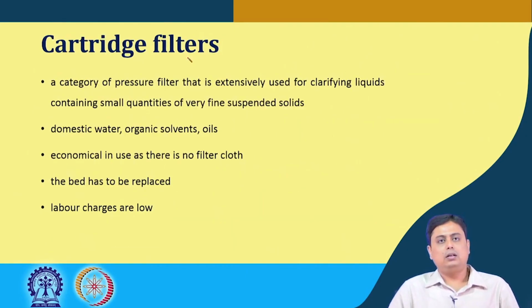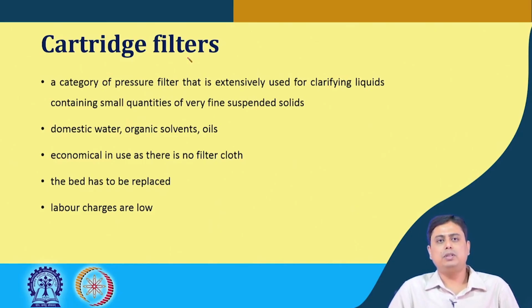The other category is the cartridge filter. So, it is basically a deviation from the pressure filter, or a sub-branch of the pressure filter, that is extensively used for clarifying liquids that contain very small quantities of very fine suspended solids.